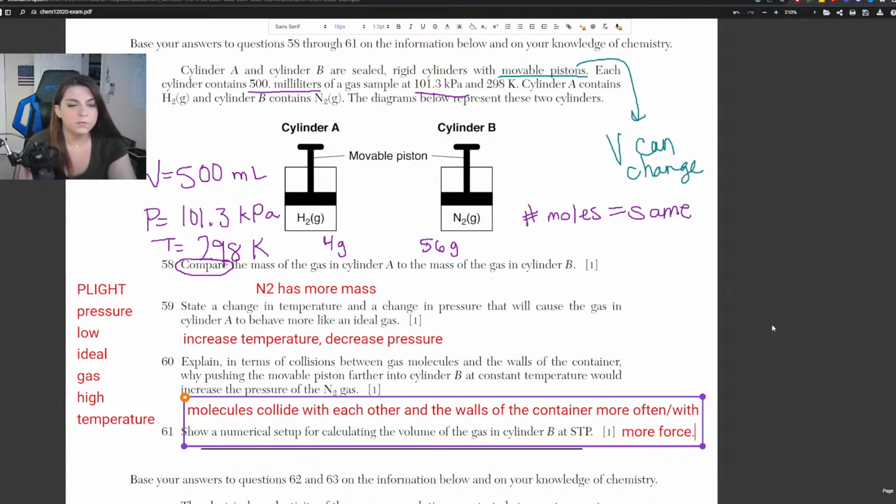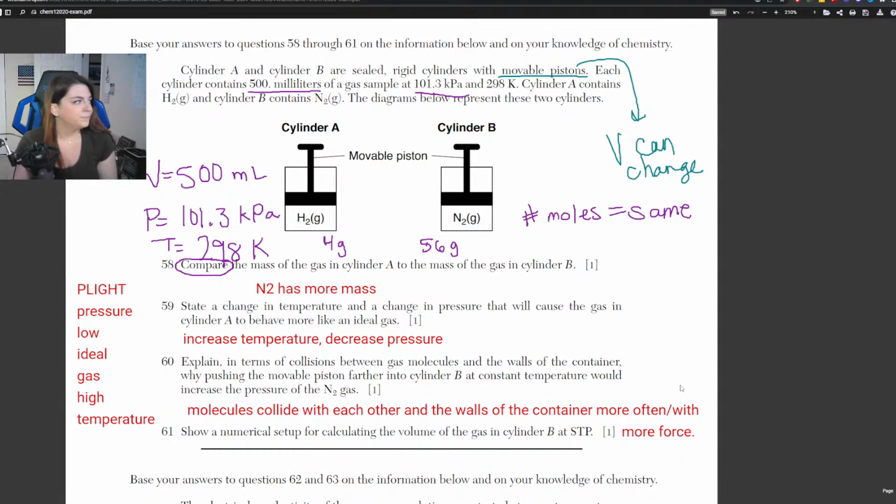And those would be how I would write the answer. They're doing a very nice thing telling you that the pressure is already increasing. They're saying, hey, the pressure increases. What does that mean about molecule collisions?